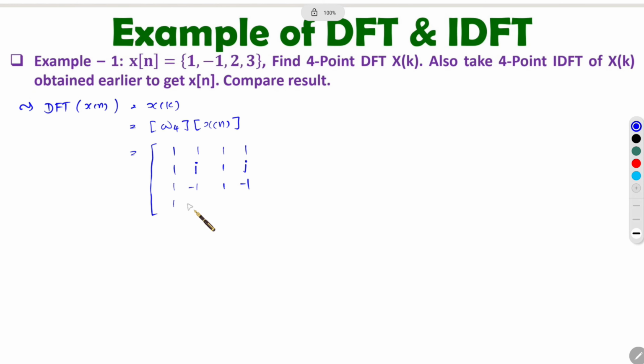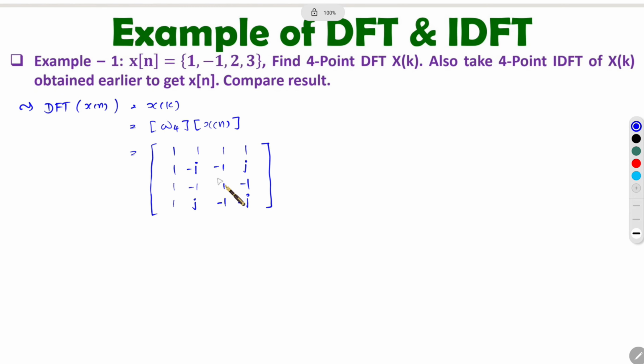And with the last row, we should have 1, j, -1, -j. Here, see this triangle and this triangle, that should be negative. So with this triangle, we have a minus sign like this, and with this triangle, we should have a minus sign. That is how one can write the W4 matrix.